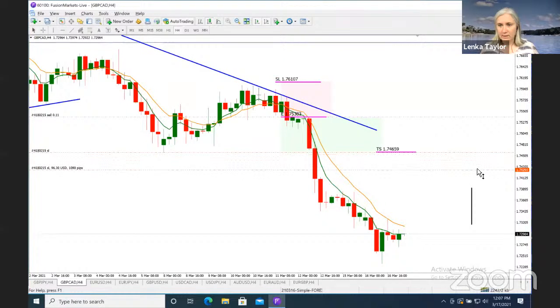Why is that not working? Here we go. I can move it down to maybe around there, something like that, around 1.73935.